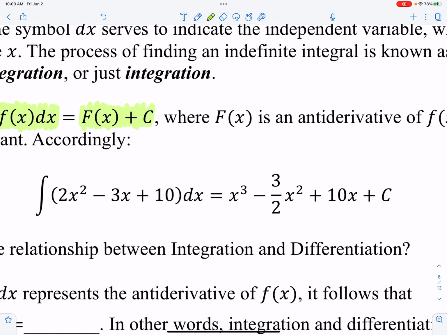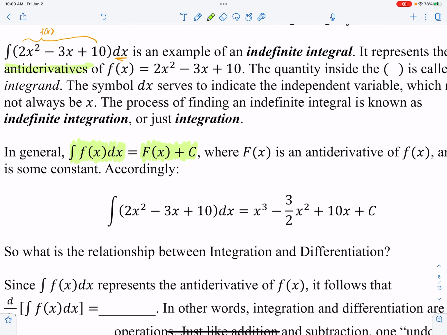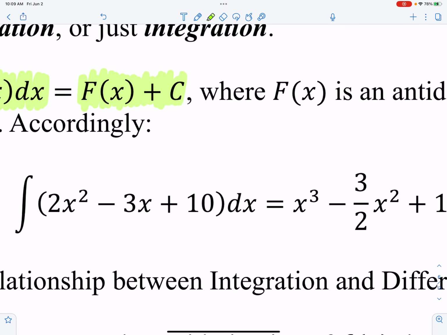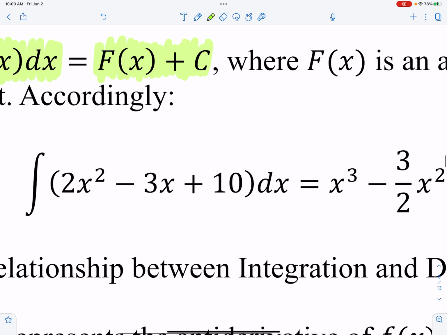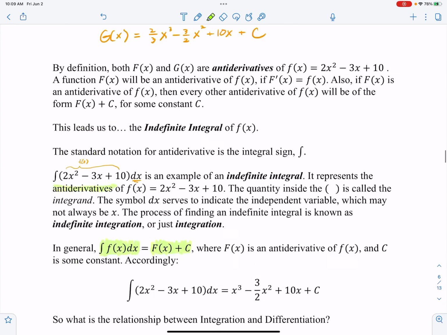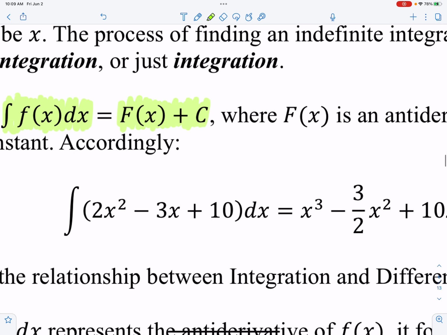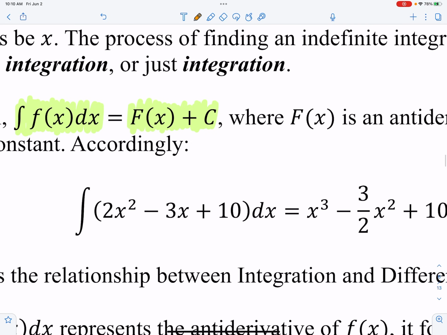So this was, that's right, I did that wrong. So my work was right, so what I have typed here is wrong. This should be 2/3 times x cubed.